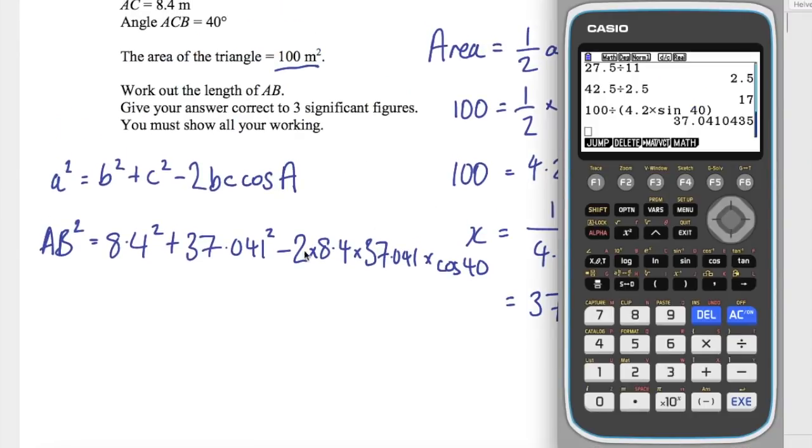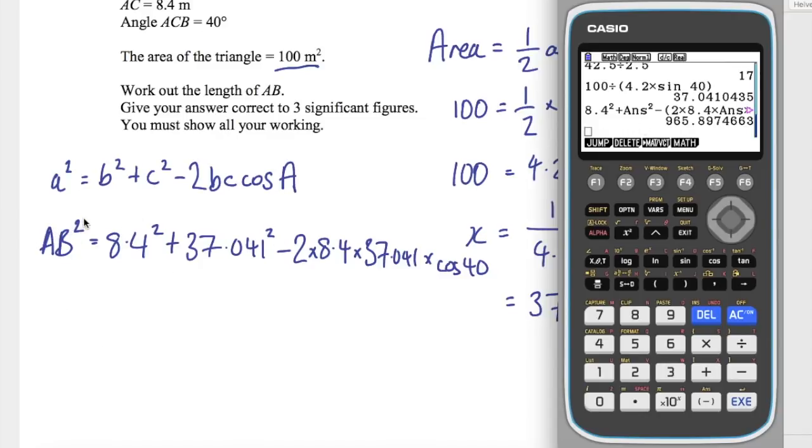So let's write all of this down now. So we've got 8.4 squared plus the answer from the first problem. So I'm just going to put answer in my calculator, squared, minus 2 times 8.4 multiplied by the answer again, and multiply that by the cosine of 40, and we get some number, 965, and we need to take the square root of that.